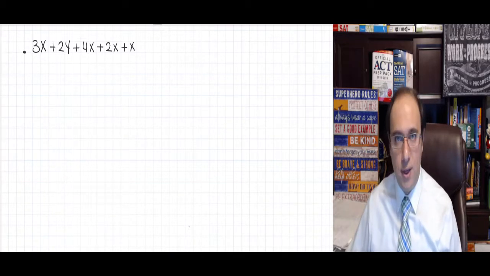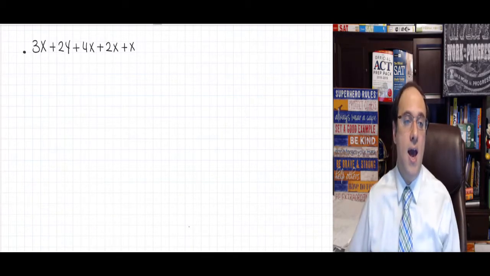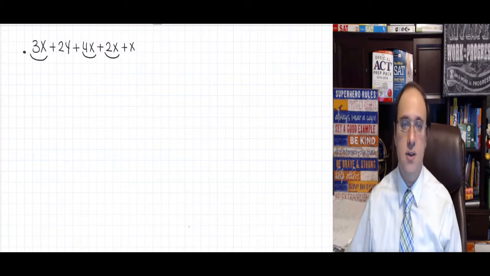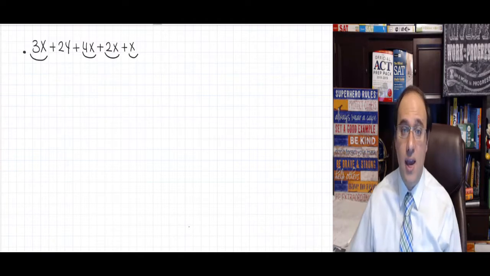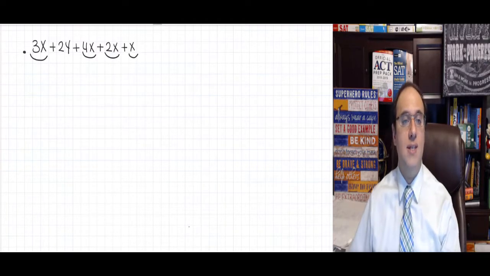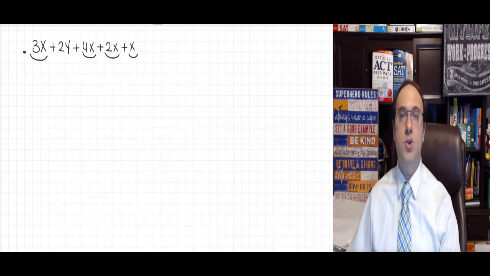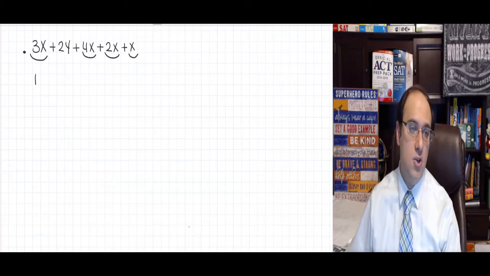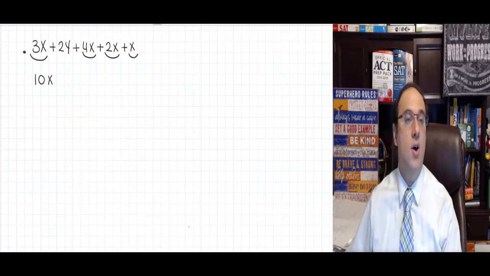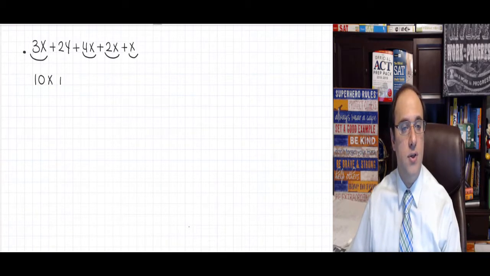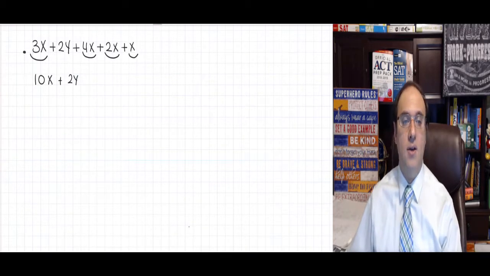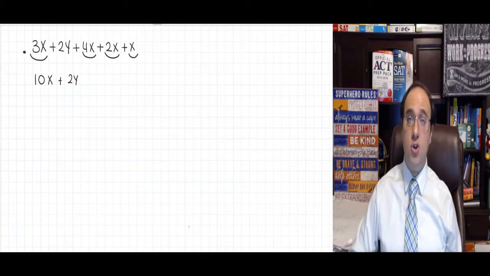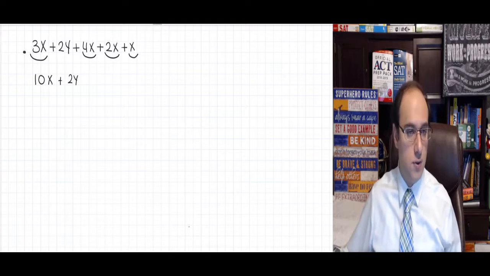Before you do anything, simplify. 3x, 4x, 2x, and x. 3x plus 4x is 7x. 7x plus 2x is 9x. 9x plus x is 10x. So 10x. What else are we left with? Plus 2y. Now you can factor. But never try to factor without simplifying first.